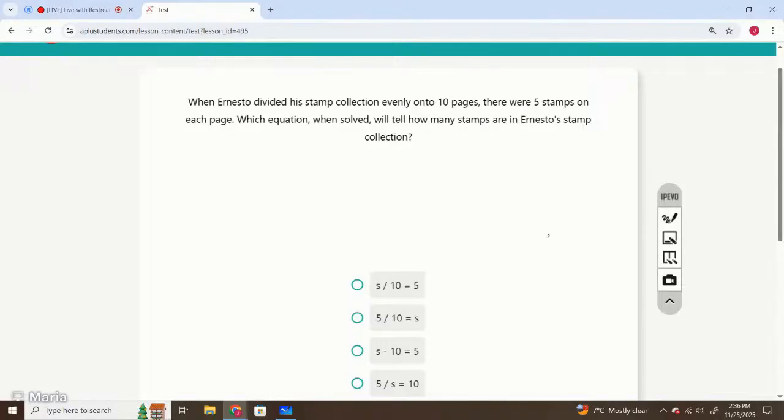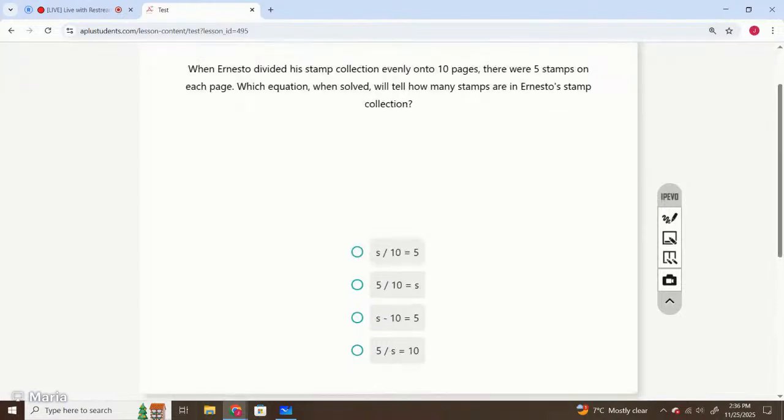So Ernesto divided his stamp collection evenly on 10 pages. There were 5 stamps on each page. So that would be S divided by 10 equals 5.